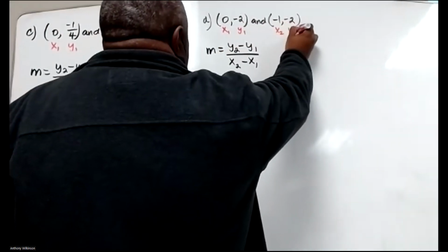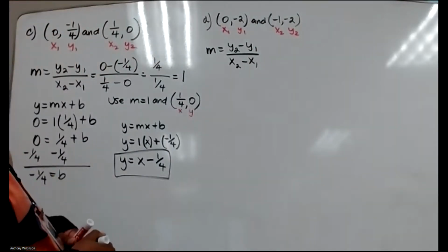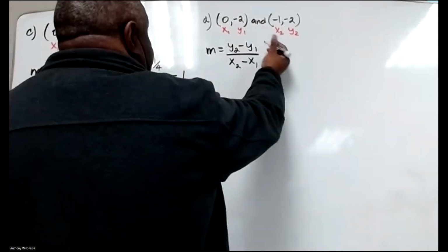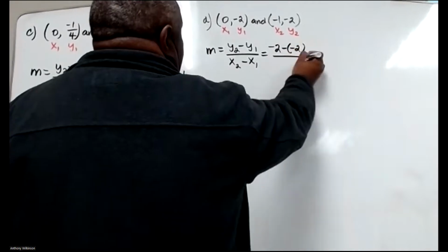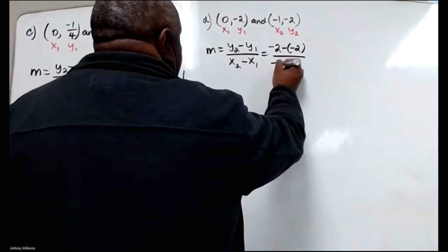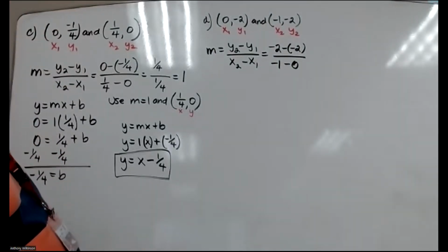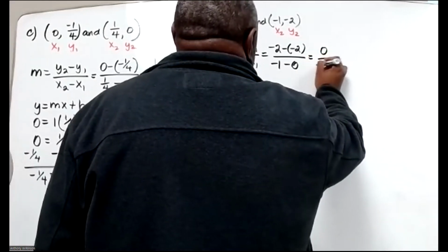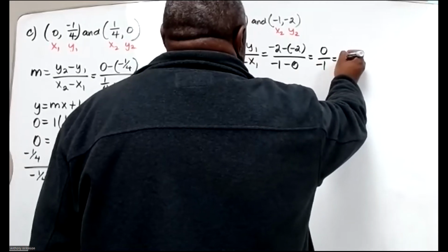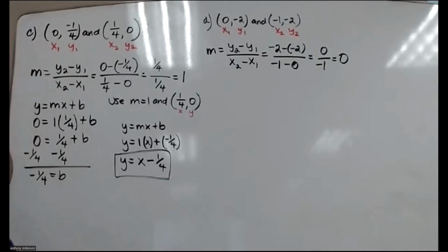In this case, y2 minus y1 is -2 minus -2, divided by x2 minus x1, -1 minus 0. All right, so what's -2 minus a -2? 0. And -1 minus 0 is -1, and 0 divided by -1 is 0. So the slope of that line through those two points is 0.